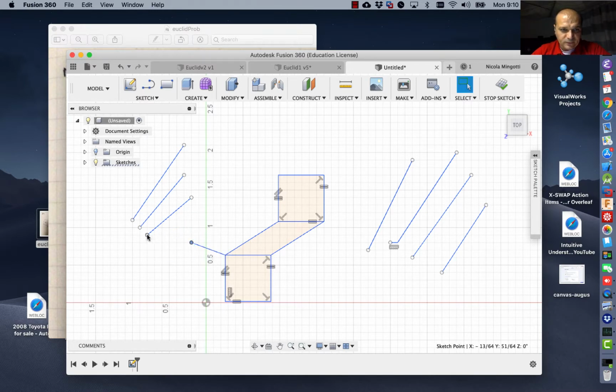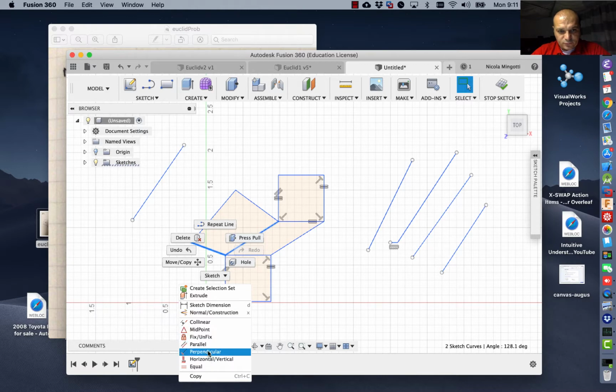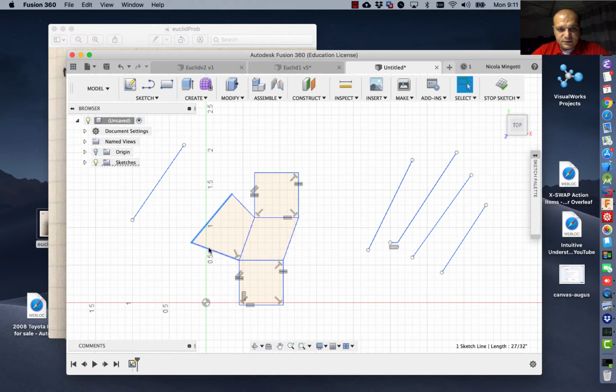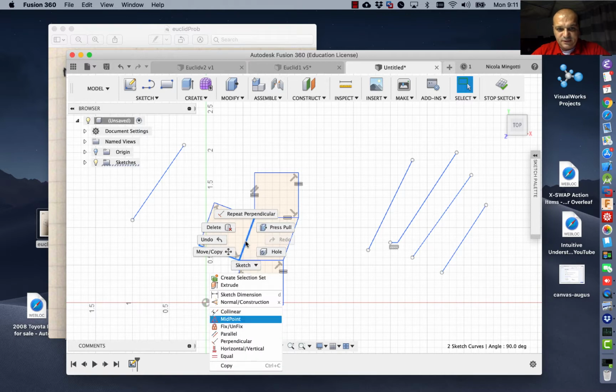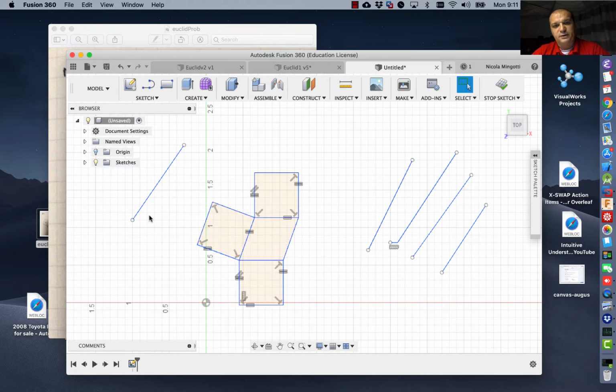Polygon closed. Okay, let's put some constraints. This and this are of course perpendicular. These and these are of course perpendicular, and of course these two again. Good. Then this side and this side are equal. Good. It's a square. Let's build the same structure here.